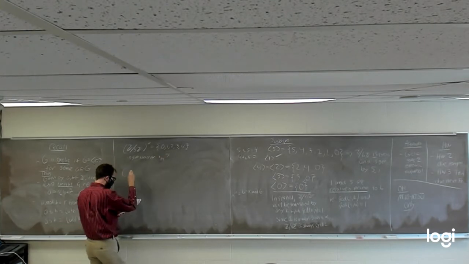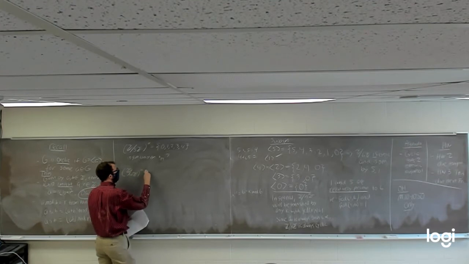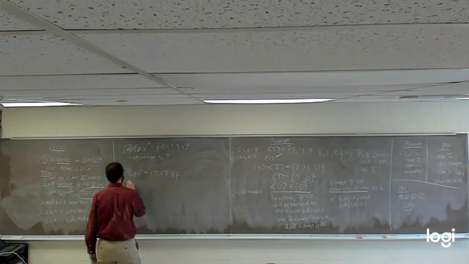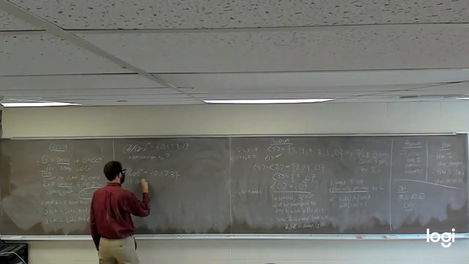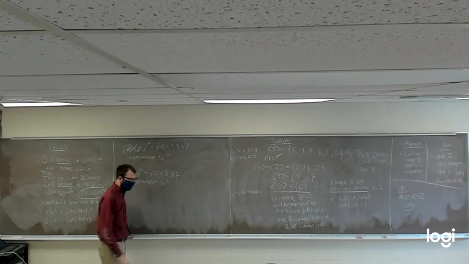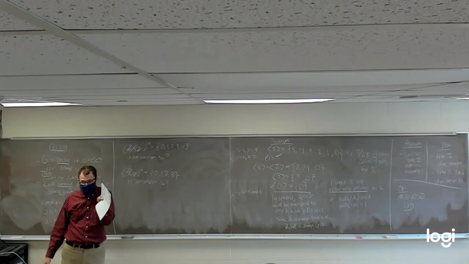And let's also look at Z mod 4Z. Is this a group under multiplication mod 4? Your job is to find out if either one of these form a group. Go ahead, take a couple minutes.